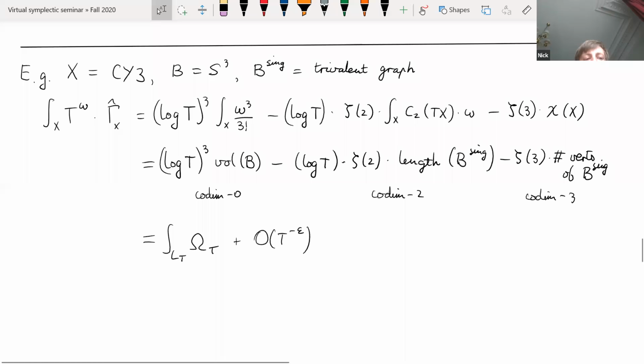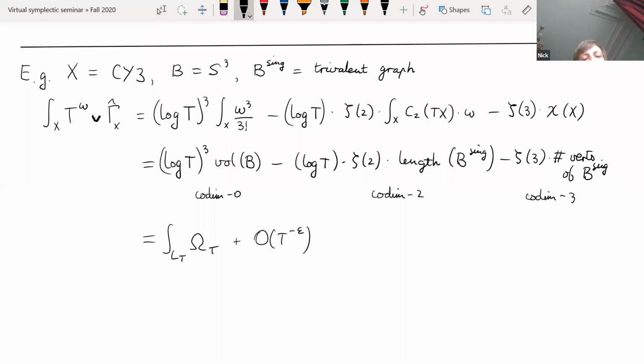So what about a Calabi-Yau threefold? In this case, the base is going to be a 3-sphere. The singular locus, roughly speaking, is some kind of trivalent graph inside the 3-sphere. So what does this integral over our symplectic manifold look like?